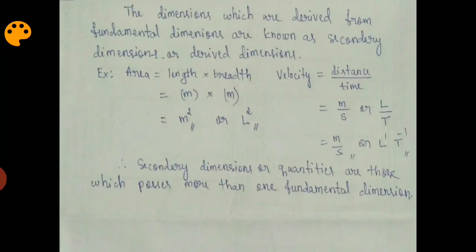Here we'll try to understand what are secondary or derived quantities. The dimensions or the quantities which are derived from fundamental dimensions are known as secondary or derived dimensions. In general we can say all the dimensions or quantities that we use are derived quantities or derived dimensions.